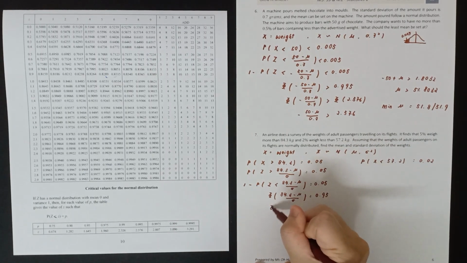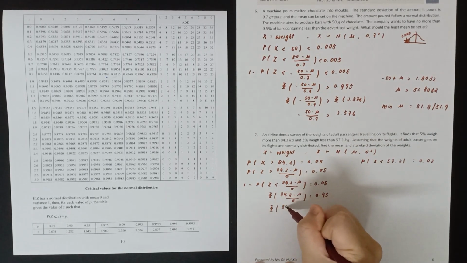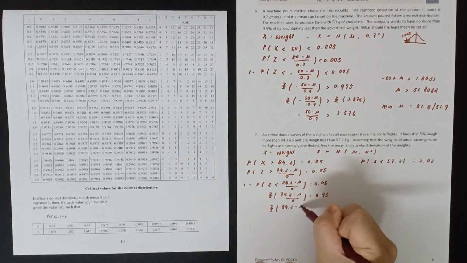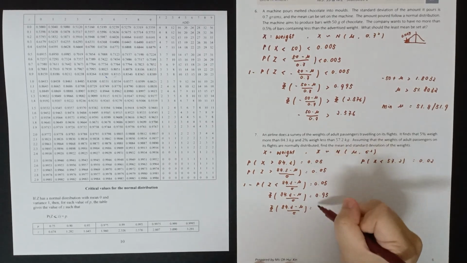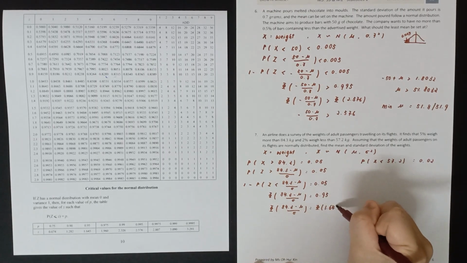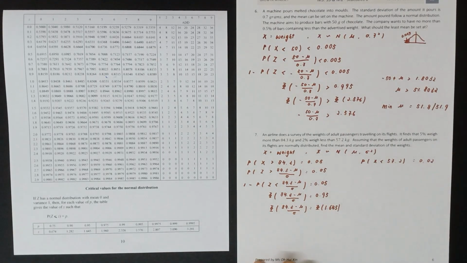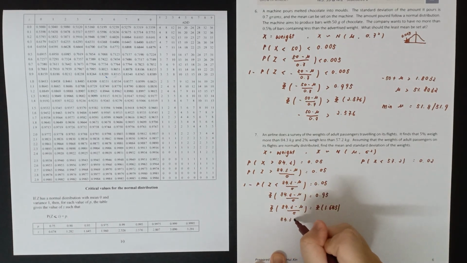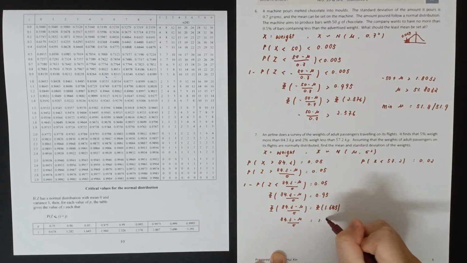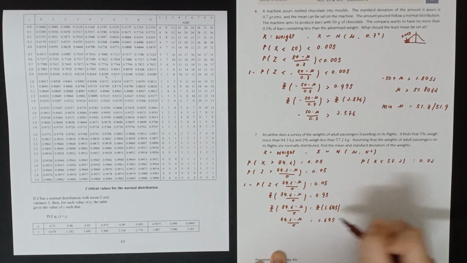So 84.3 minus mu divided by standard deviation will be equal to 1.645. Okay, so after I do this, then I'll be able to continue.